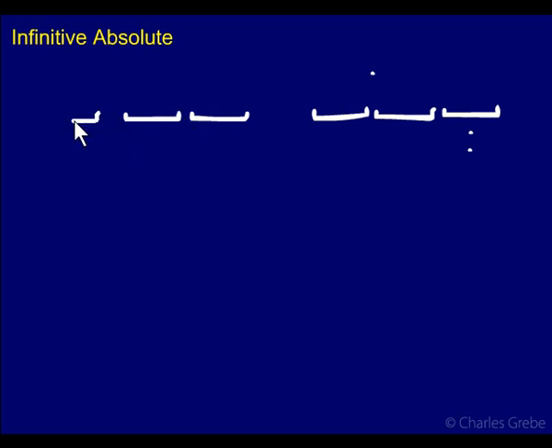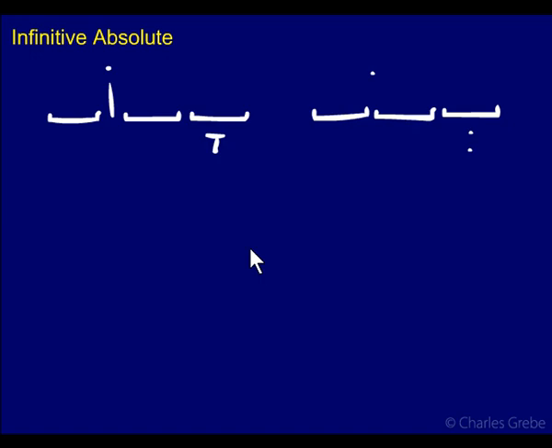I'll leave a little space here. The first vowel is a kamatz, and the second vowel here is a holem vav. That's why I left a space there, because of the holem. And sometimes this will be written defectively without the vav. But you have an o, an o.